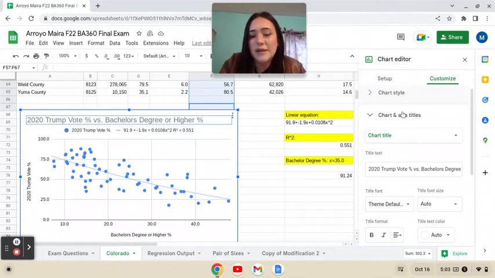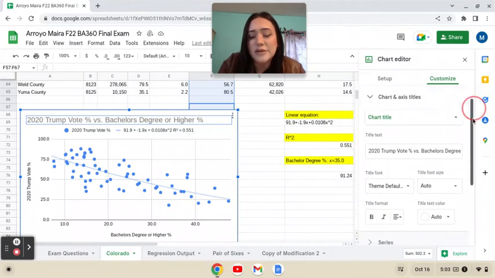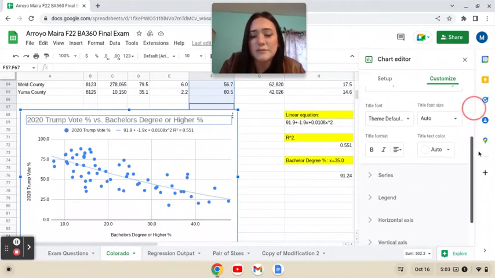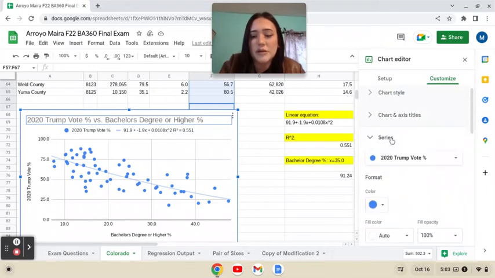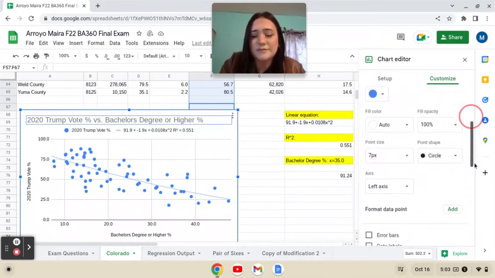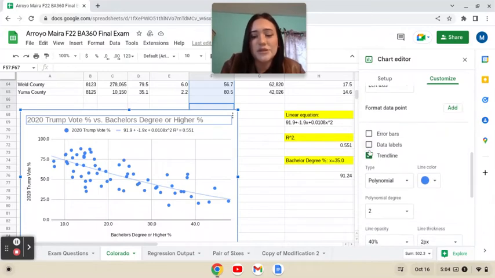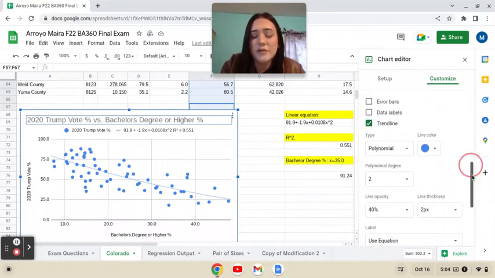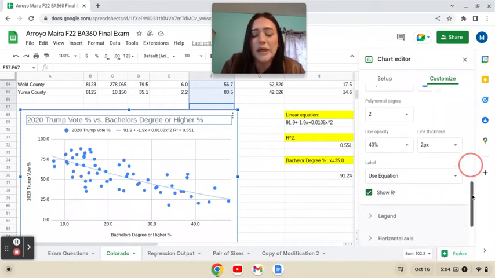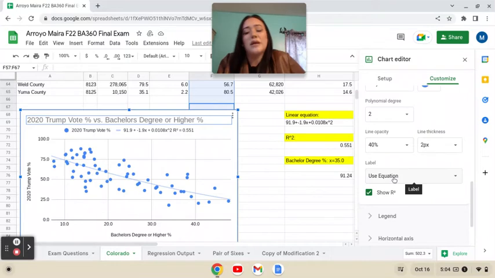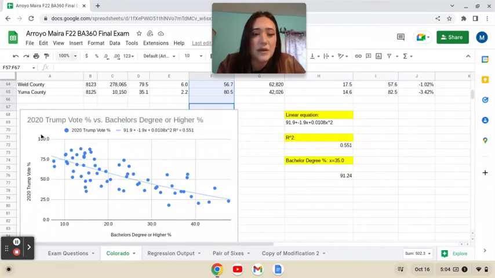I went to customize, and then chart and axis title. No, it wasn't the chart and axis, sorry, it was series. I clicked trend line, and that's how my trend line appeared. I kept it polynomial to the second degree, and then I used the labels of equation and the R squared. So that's how I got all my information on my scatter plot.